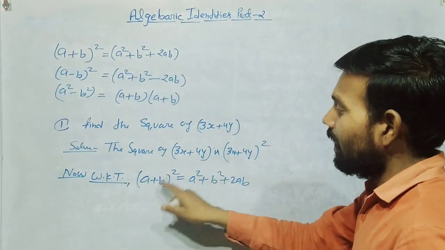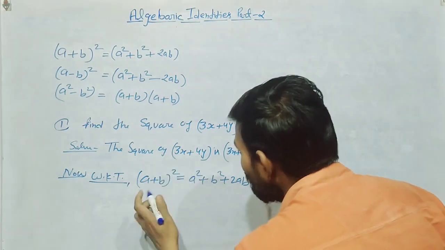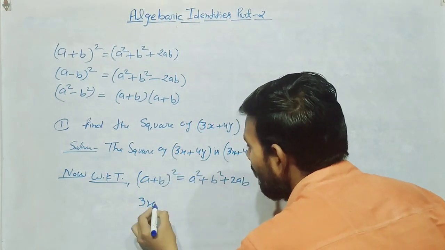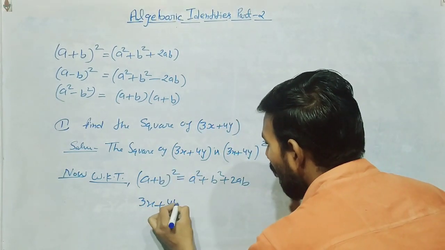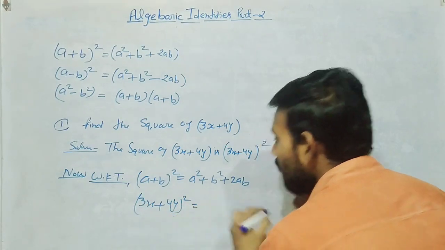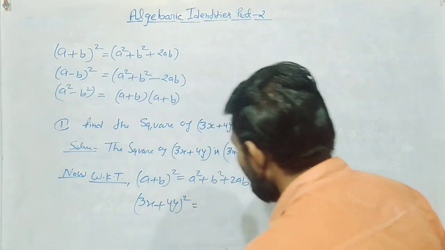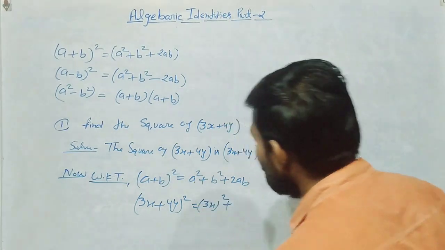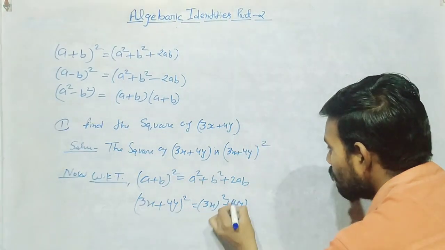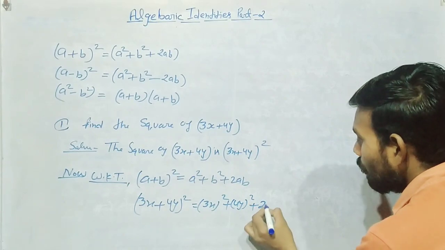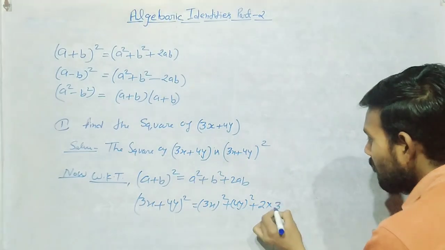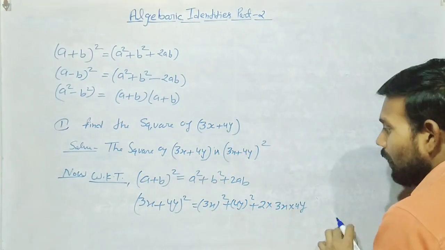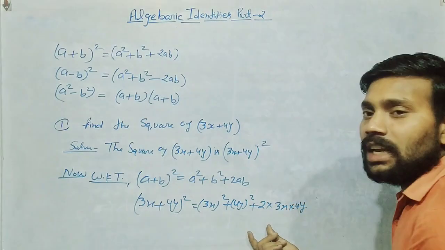We can take a equal to 3x, so put 3x in place of a and 4y in place of b. So a square means 3x to the whole square, plus b square means 4y to the whole square, plus 2ab, so 2 into 3x into 4y. Here we have put the identity.